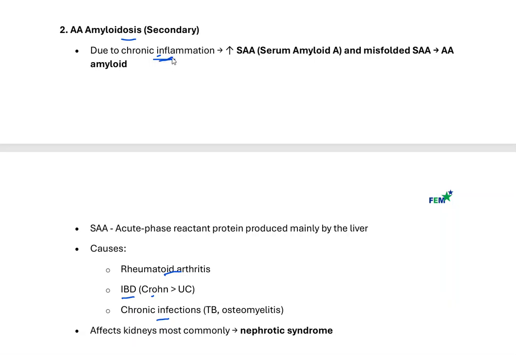And what is this chronic inflammation doing? As we know, with any inflammation, there's going to be release of what? Acute phase cytokines will be released. What are examples of these acute phase cytokines? Interleukin 1, interleukin 6, right?